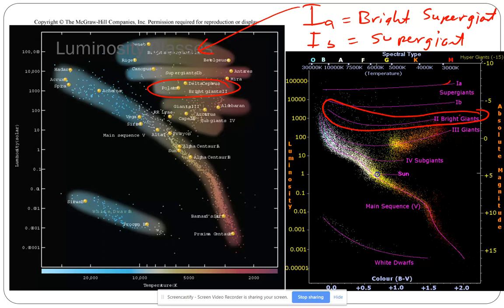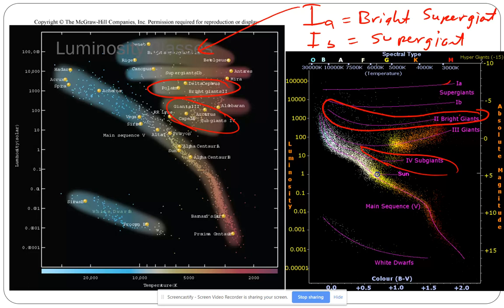3 are giants. So 1a was bright supergiant, 1b was supergiant. After that, we don't use an A and B. 2 is a bright giant. 3 is a giant. And then we get to 4, and 4s are subgiants. So the 4s, and once again, it depends on which one you look at, are more down here, or it shows them here.